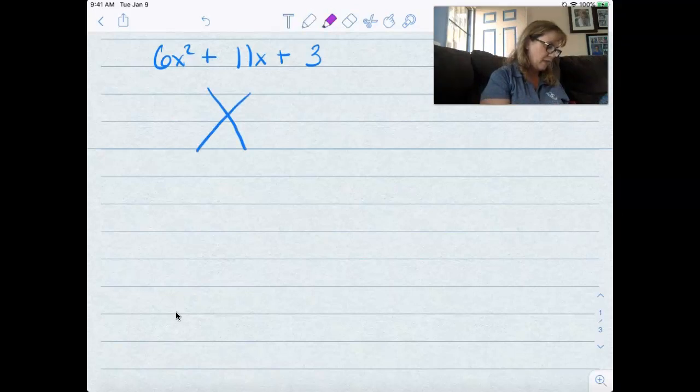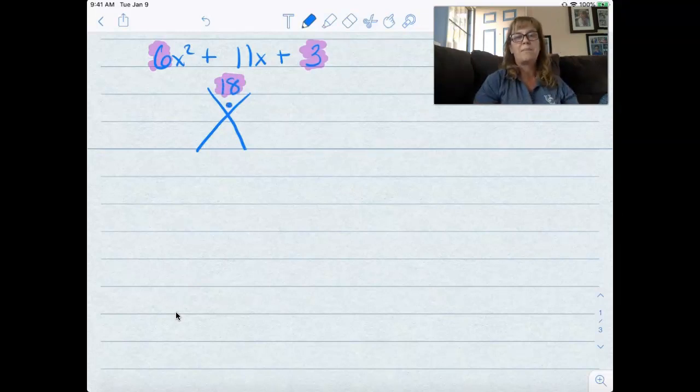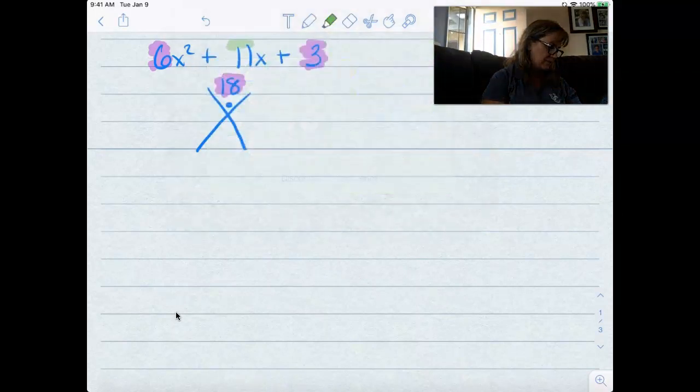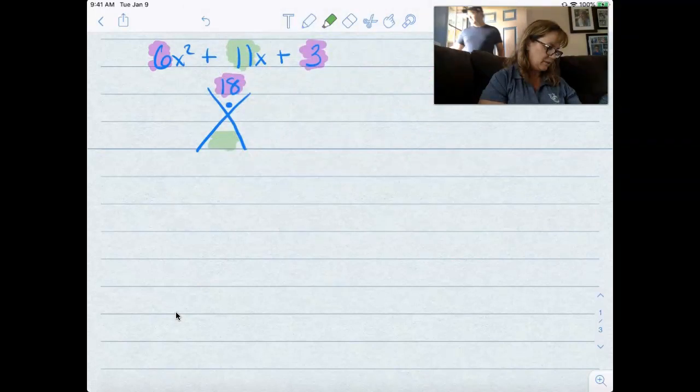So we've got to multiply 6 and 3 to give us this top number. 6 times 3 is 18, and we're looking for two numbers that multiply to give us 18. We then want to take our center number and put that down here, and that's what we're going to add up to.